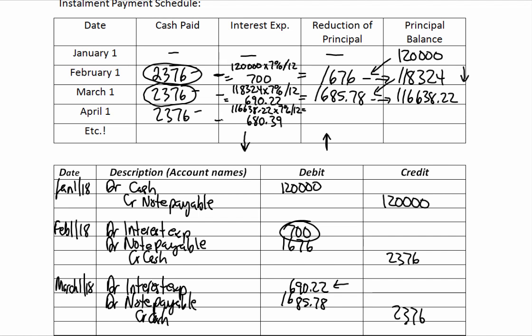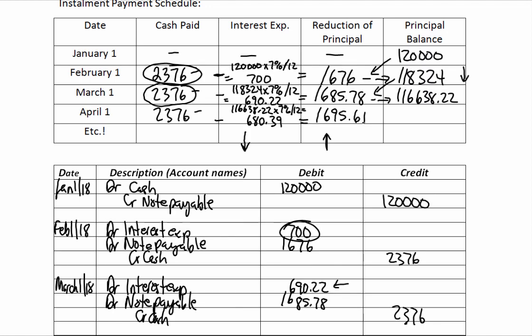Take that away from the $2,376 that I pay, it's going to tell me how much of my principal is gone. $1,695.61. Again, it's increasing as the interest portion goes down, right? As the interest portion goes down, I've got more money to put towards the principal, and that's going to reduce the principal even faster, which is excellent because I want to reduce the principal as soon as possible because I want to stop paying this loan.